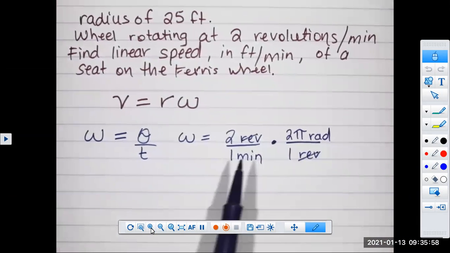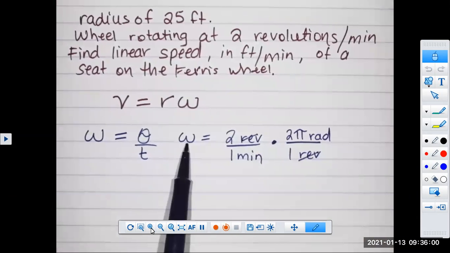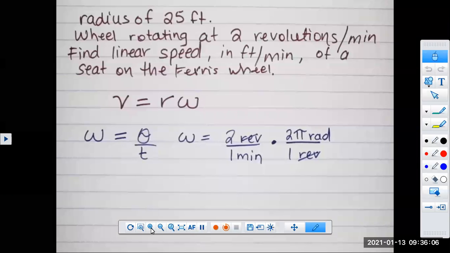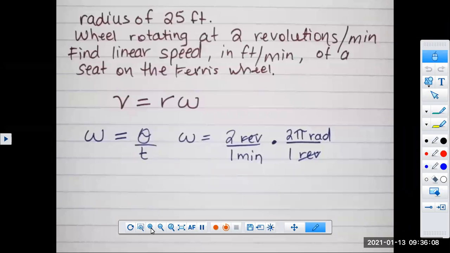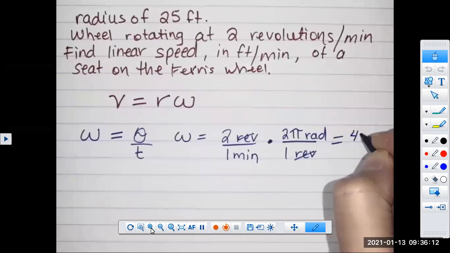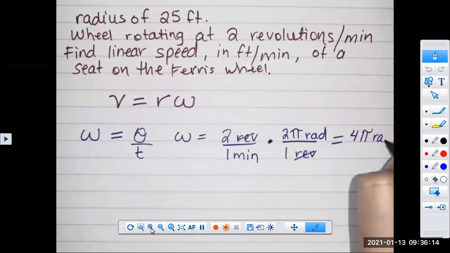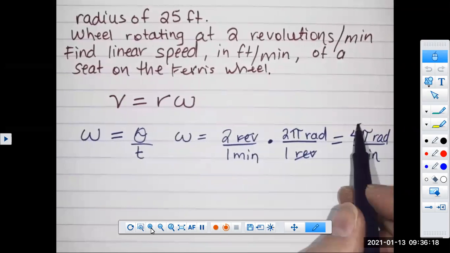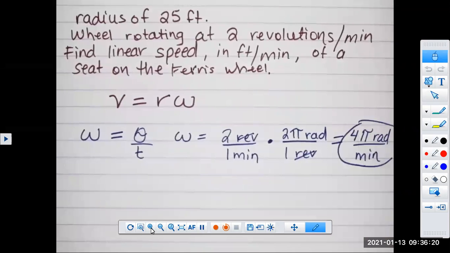Now we do have angular speed in terms of radians per unit of time, and that's always what it has to be in, radians per unit of time. So they're talking about minutes, so we're good there. So you've got 4 pi radians per minute as your angular speed. So we know that.